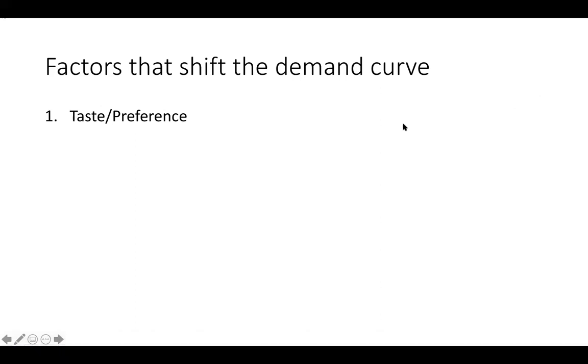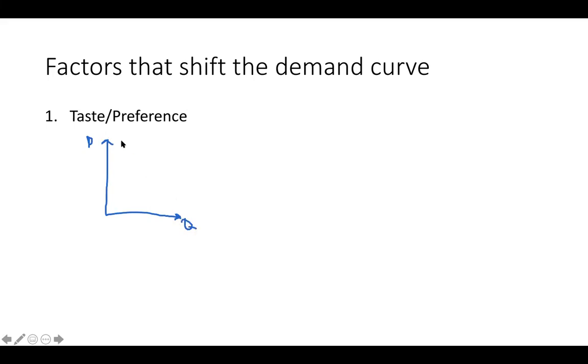When we're looking at the demand curve, we know we're looking at a specific time interval, some given period of time. So if we want to look at a market from the 2000s for flip phones, I know that my tastes have changed.